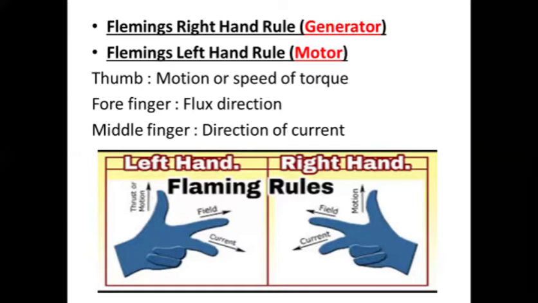Similarly, the opposite happens in a generator, that is Fleming's right-hand rule. I hope you understand this portion. Let me go to the next slide. By the time, just read these portions.